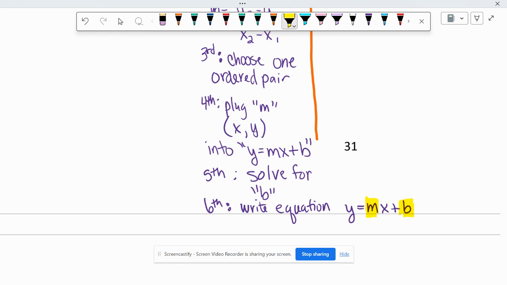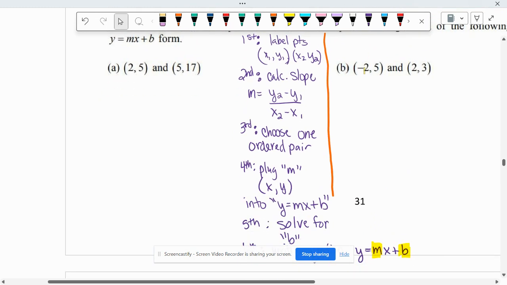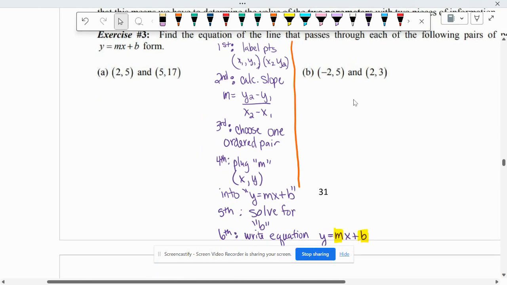Isabel, Elaine, Andres, Amaya, and Jerry, and everyone on this side is going to do B, okay? Work together, talk it out. You have all the steps. I'm going to work it out myself on here. I'm going to scrunch it up so you can see it.